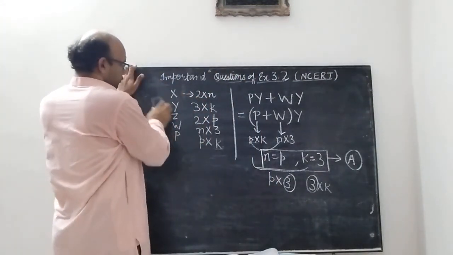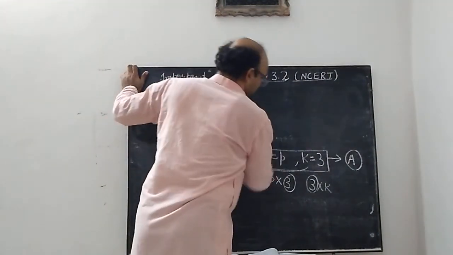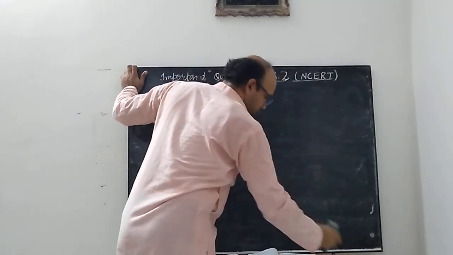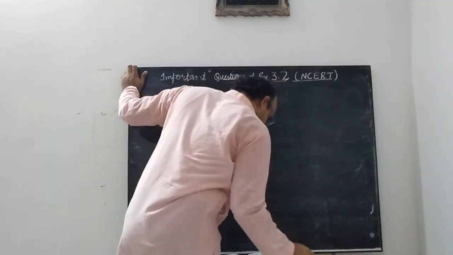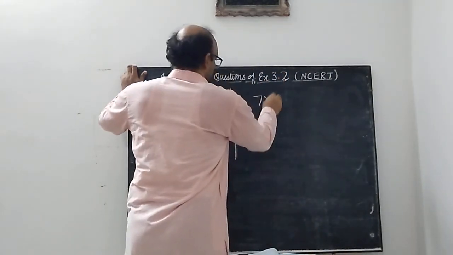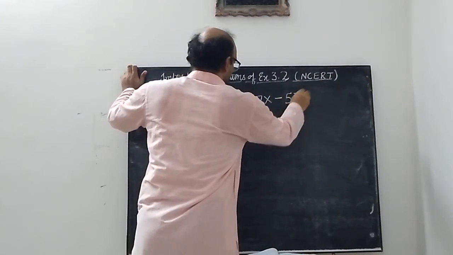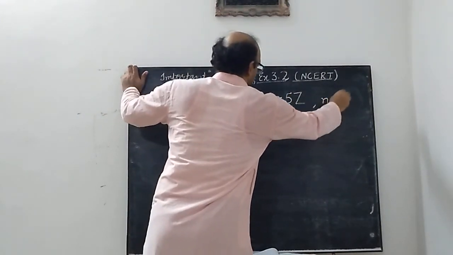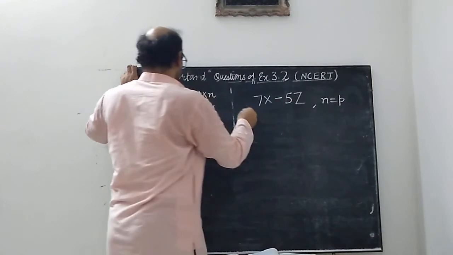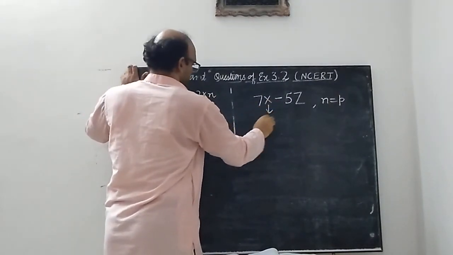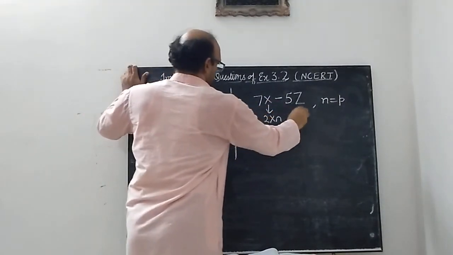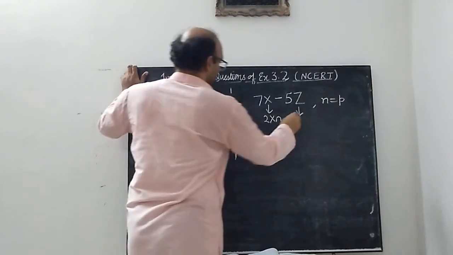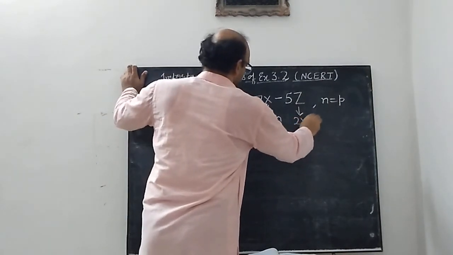Now we move on to the second part, question number 22, the last one. You just have to tell the order of 5X minus 5Z with the condition that n is equal to p. The order of X is 2 cross n. The order of Z is given to be 2 cross p.